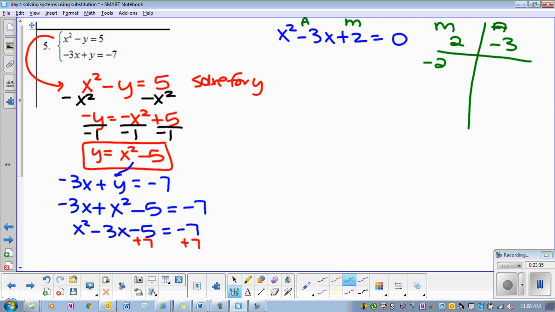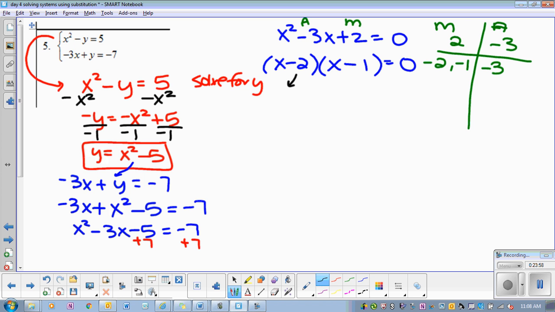Negative 2 and negative 1. Since this is just a plain old x squared, you can go straight into your double parentheses. I mean, you could use grouping, but it's just a plain old x squared. X what? Minus 2 and x minus 1.